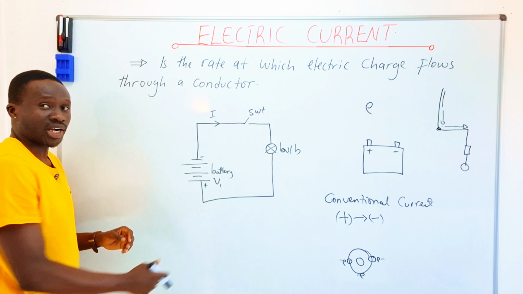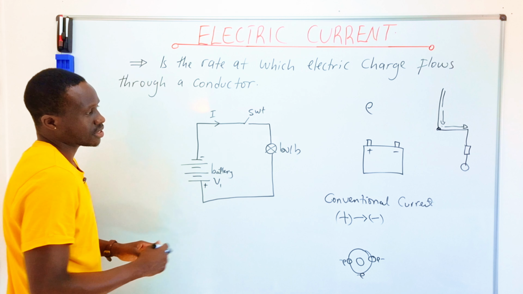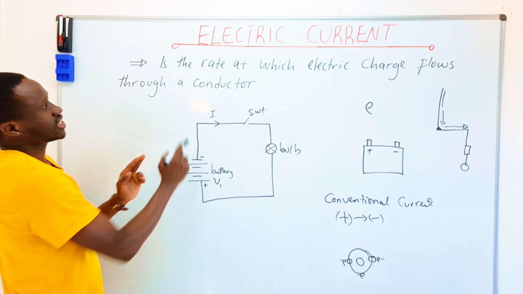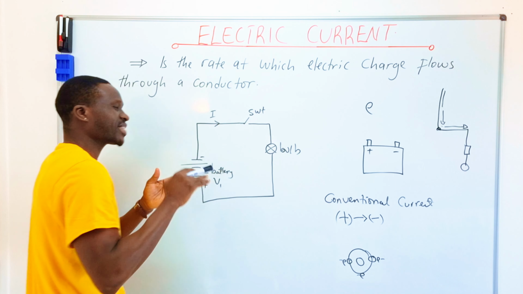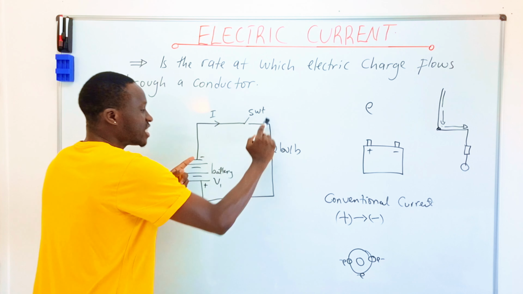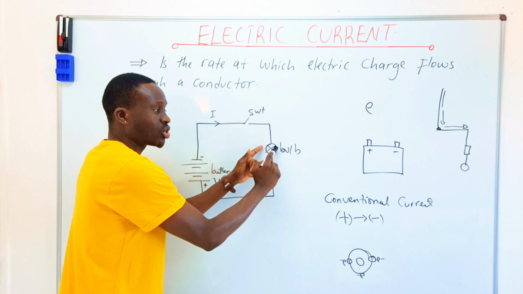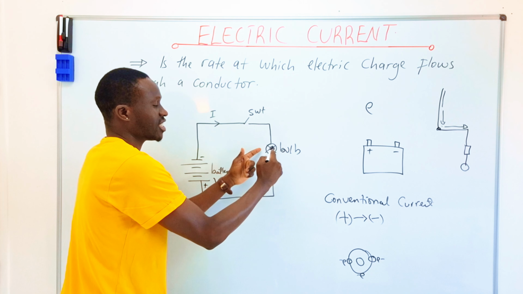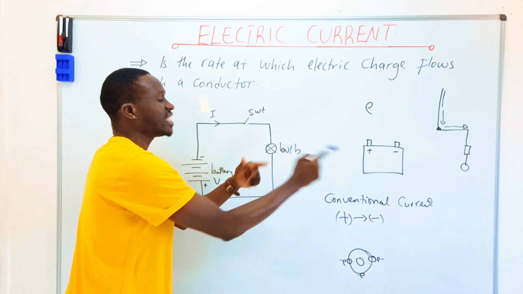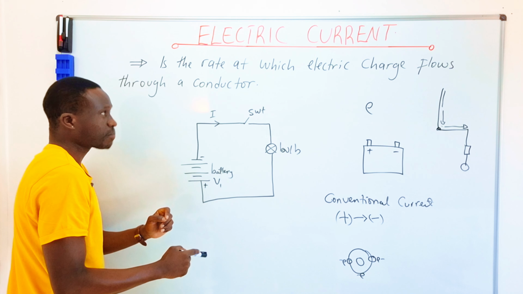So let's come back to our diagram. Current is the rate at which electric charge passes through this cable to the bulb to consume it. The bulb will consume this electric charge into light and heat energy.